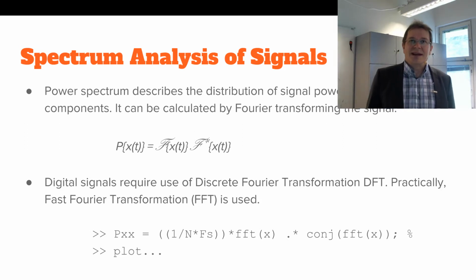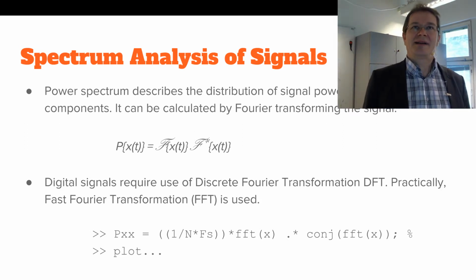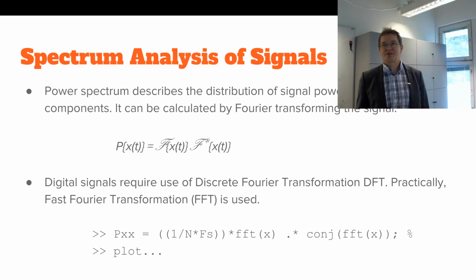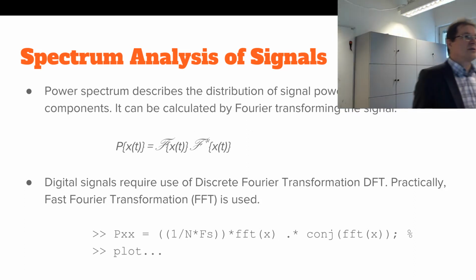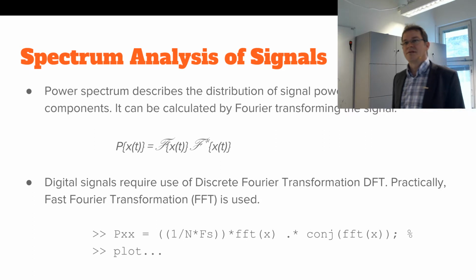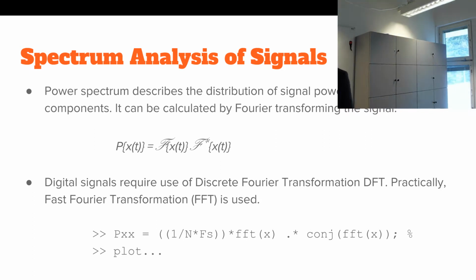And that you can get by a simple calculus called Fourier transformation. So the power spectrum of a signal is simply the Fourier transform of the signal multiplied by the complex conjugate of the Fourier transform of the signal, or the Fourier transformation of the autocorrelation function. It's the same thing.